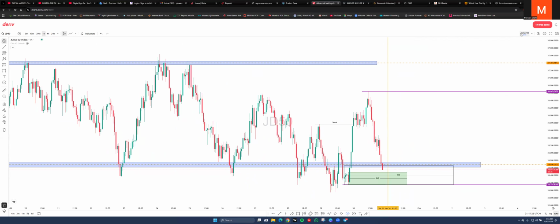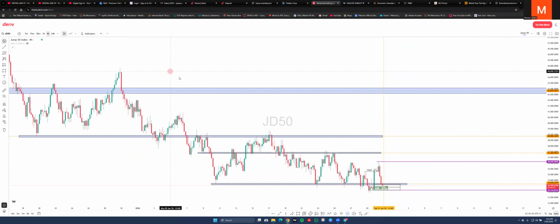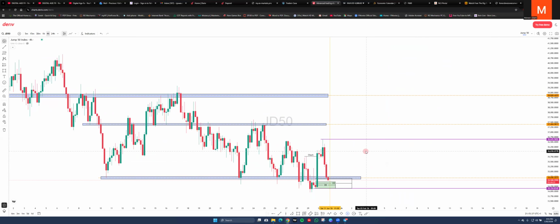So let's just wait and see what happens. Jump 50 and Boom 900 are currently in our zone. So let's be eyes open, everybody eyes open, and let's see if we can take this trade. This trade is going to play out, but not now.